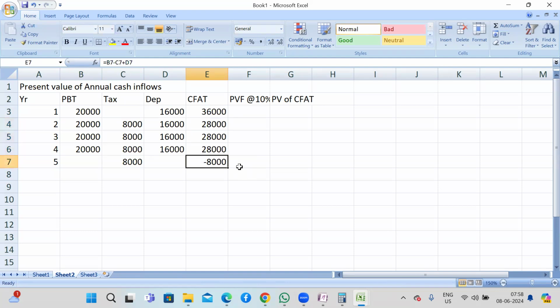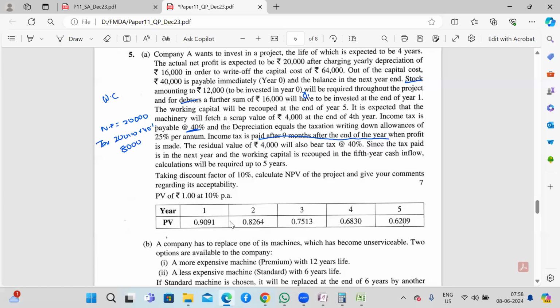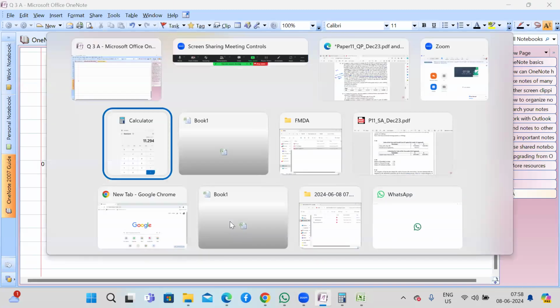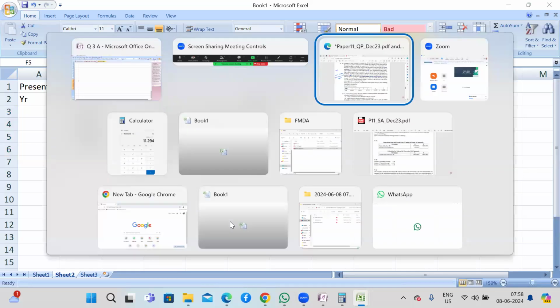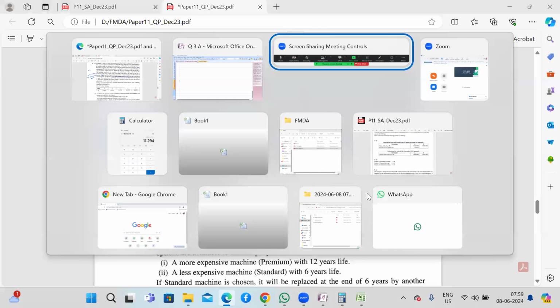Here for the fifth year, it should be minus because there are no inflows, only outflow, that is tax. So now I am going to apply 10% present value factor, that is 0.9091, 0.8264, 0.7513, 0.6830.